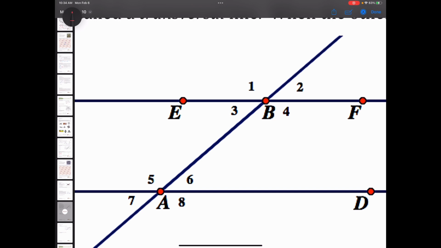So what are things that we know about angles that allow us to say congruence? If you were to look up here and just talk through this, what are some angles that are congruent? And I'm going to ask you why we know that they are as well. Angle 3 and 2, 2 and 3, right? Why do we know that they are congruent?